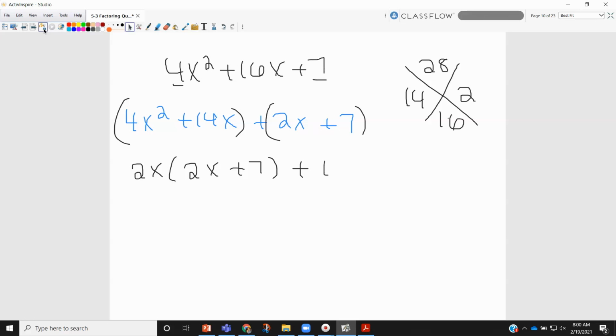And in the second equation, our GCF is a 1, leaving 2x plus 7. So this factors as 2x plus 7, 2x plus 1. And again, you can always reverse FOIL and check yourself.